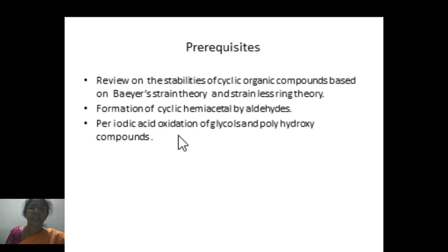Periodic acid oxidation of glycols and polyhydroxy compounds: when these compounds containing adjacent hydroxyl groups are oxidized by periodic acid, they will be cleaved adjacently to form formic acid and formaldehyde. This reaction is a measure of size of carbon chain.